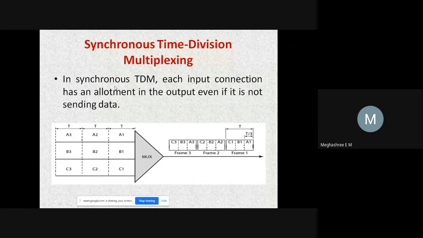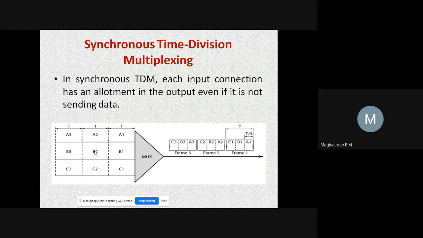One important thing before explaining this diagram: you have to remember each input connection has an allotment in the output even if it is not sending data. As of now, you just remember this. I'll consider another diagram later, and there you will understand this statement.